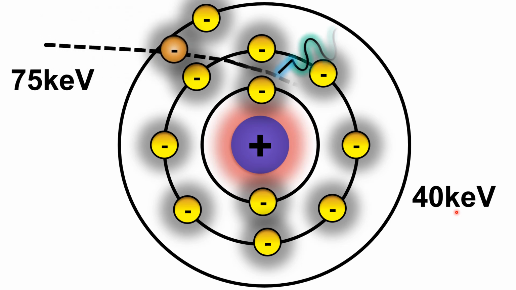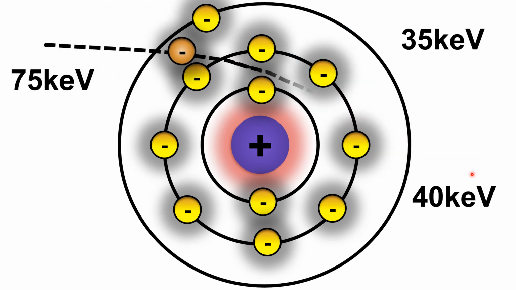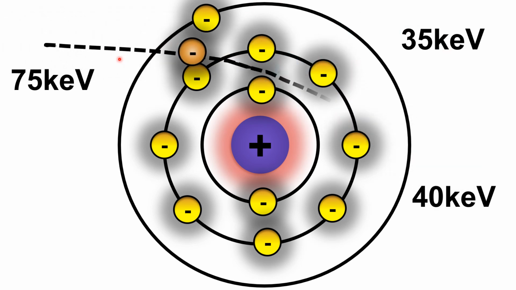This means the remaining 35 kilo electron volt of kinetic energy is converted into continuous X-rays. These X-rays will have a shorter wavelength compared to the continuous X-rays produced by the interaction of the nuclei and a stream of electrons passing away in an atom.